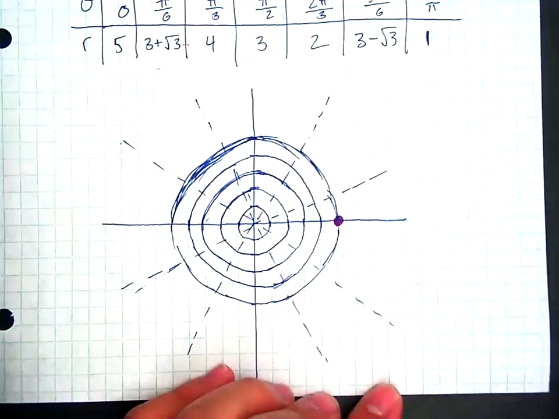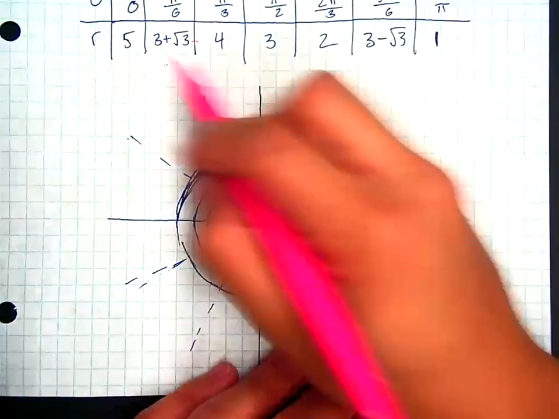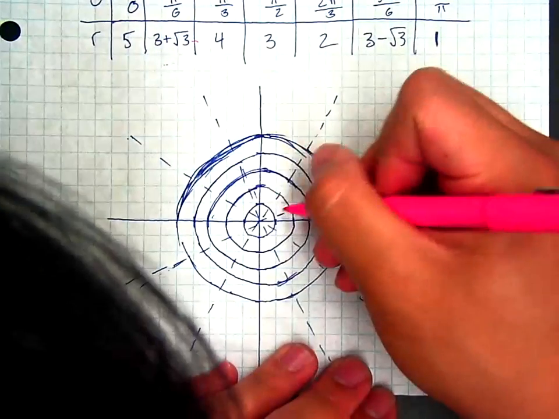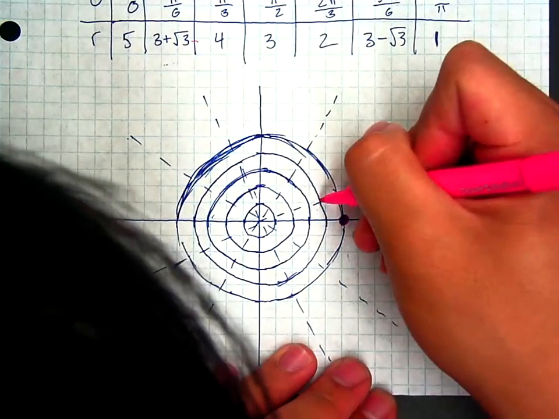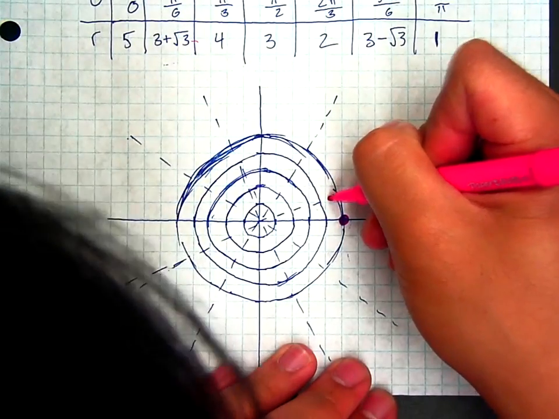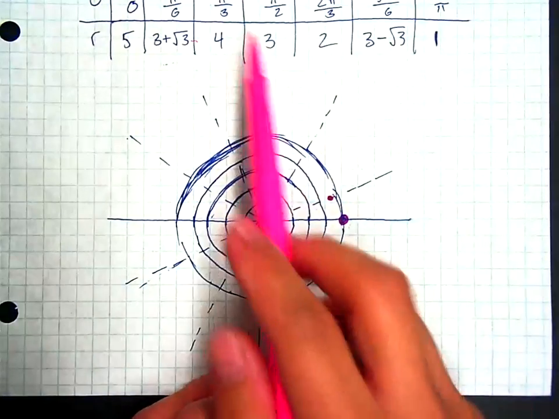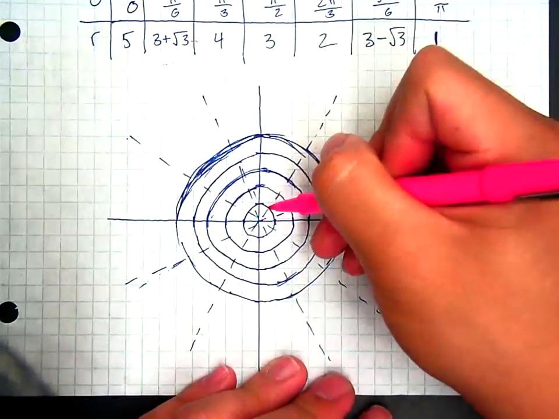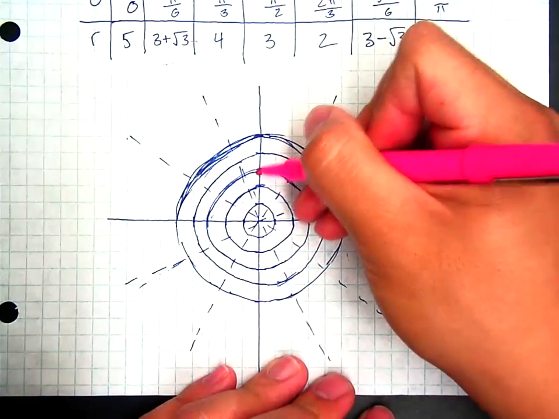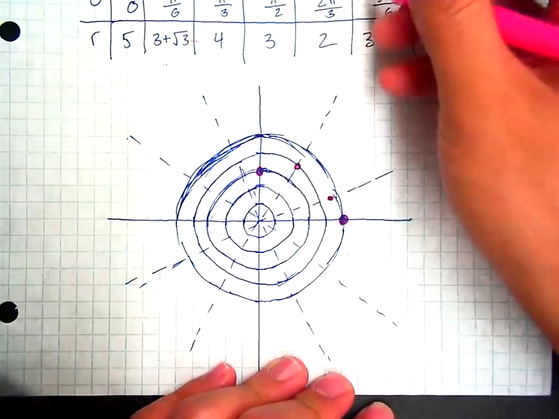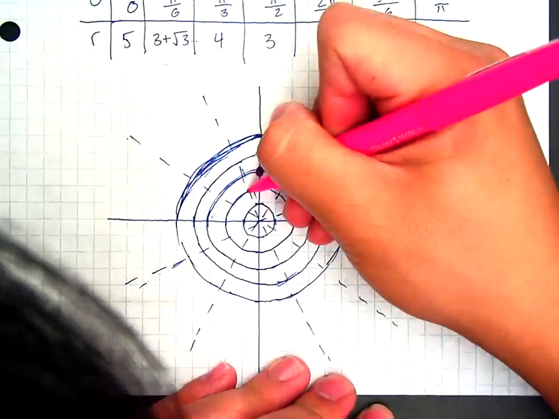Alright, there we go. So we have 0, 5, 3 plus radical 3, so about 4.7 on pi over 6, so 1, 2, 3, 4, 4.7. At pi over 3, I'm going out to 4. 1, 2, 3, 4. Pi over 2, I'm going to 3. 2 pi over 3, I'm going to 2.